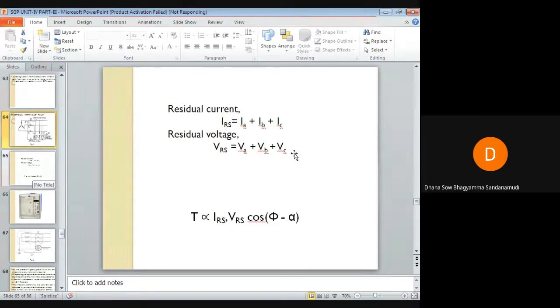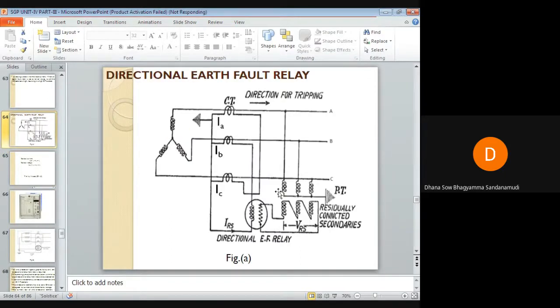So the directional earth fault relay will sense the direction in which the earth fault has occurred with respect to the relay location, and it operates for faults in a particular direction.